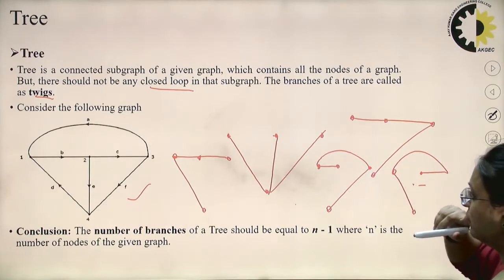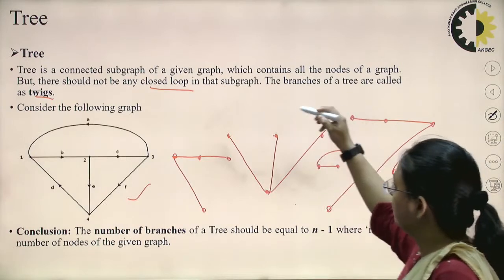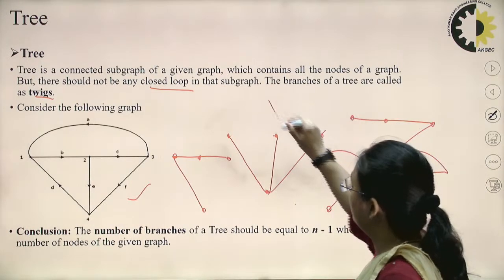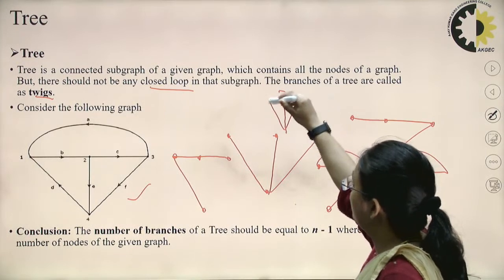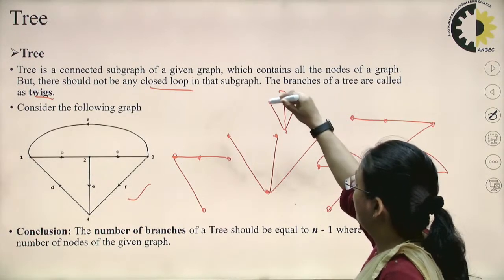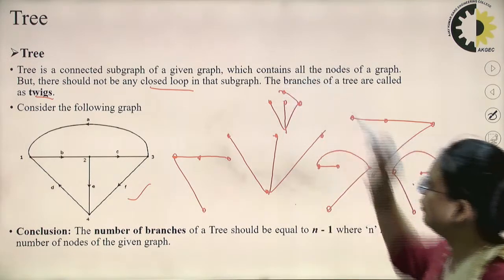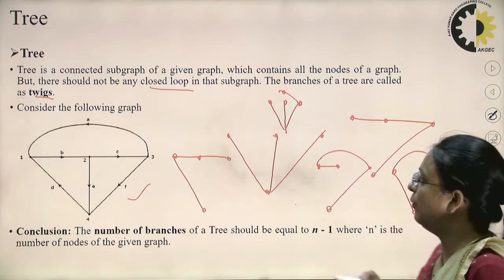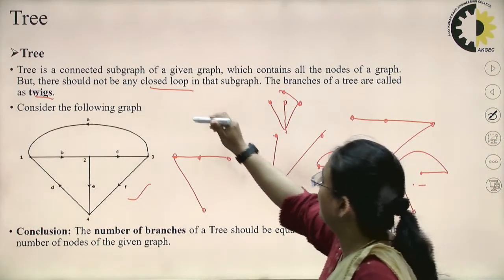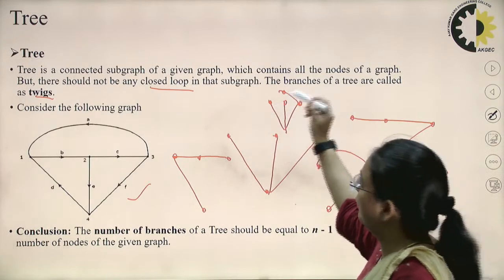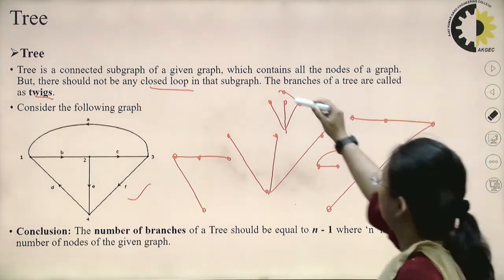I can also take this tree. All the 4 nodes are included here and this again is not forming any closed loop. Similarly, I can also take, sorry, this will not be a tree because this is not a node.